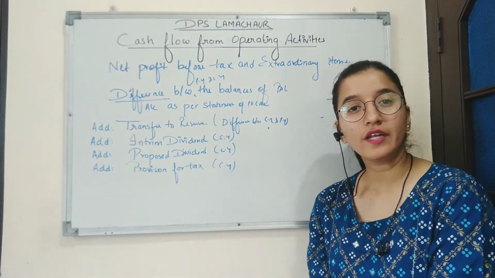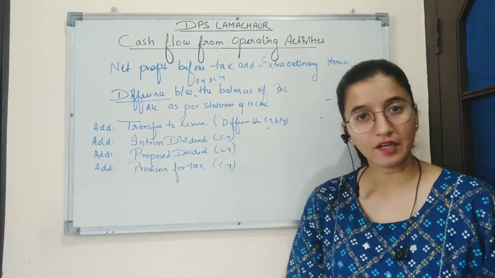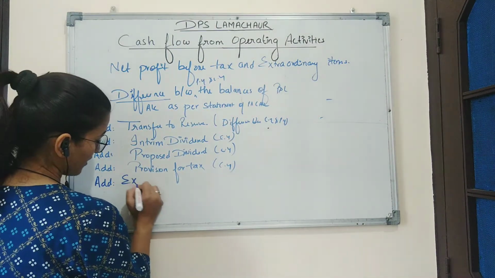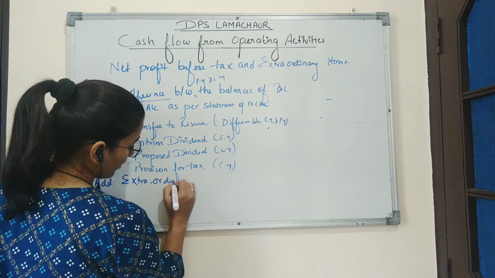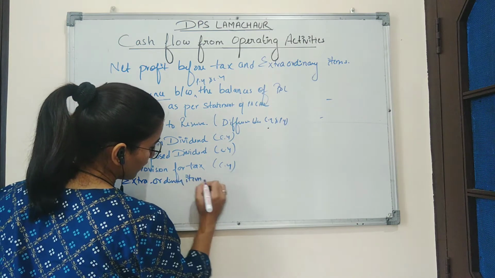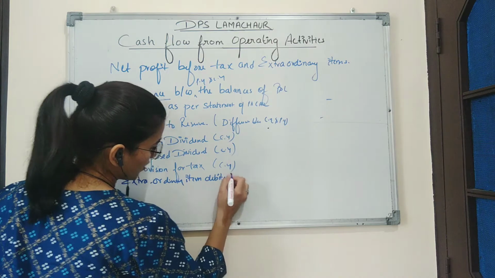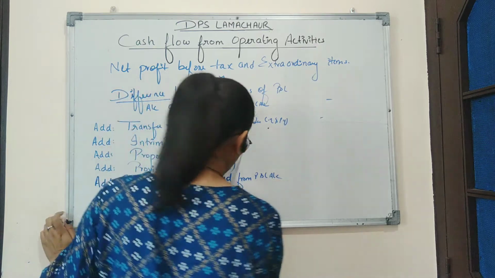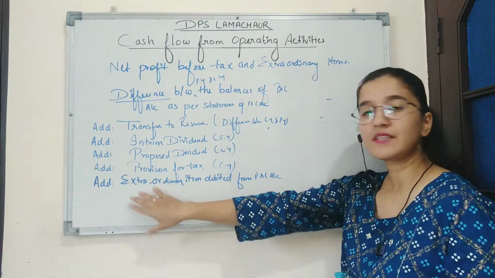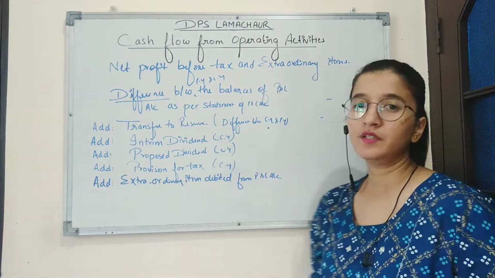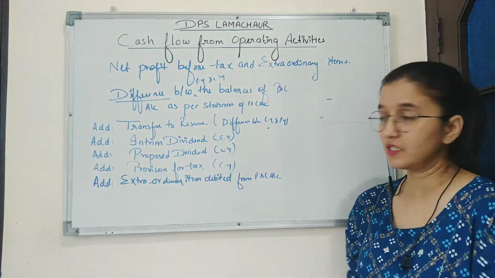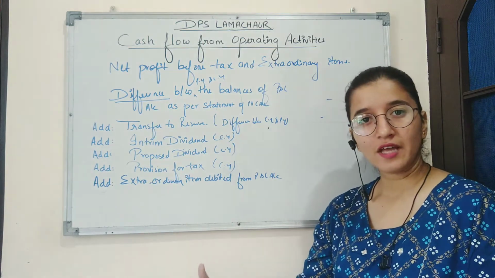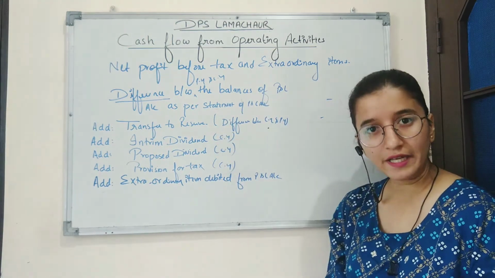Next item which we will add is extraordinary items debited from P&L account. We will understand this with an example. For example, if due to some natural calamity the company has suffered a loss, that loss is due to natural calamity, which is a non-operating activity.